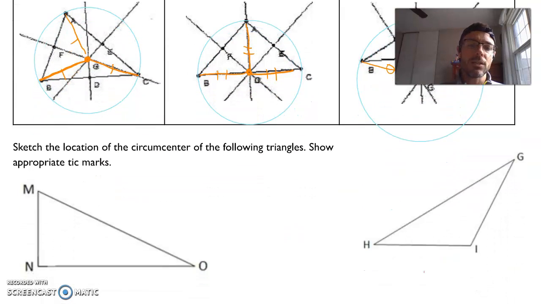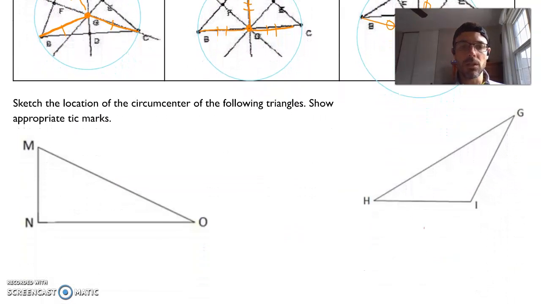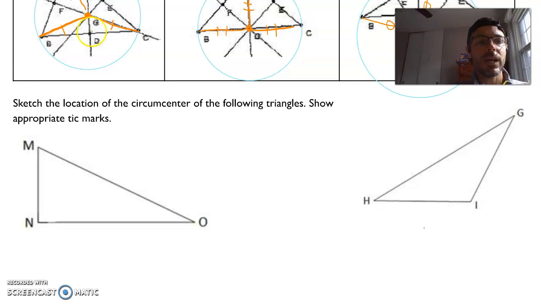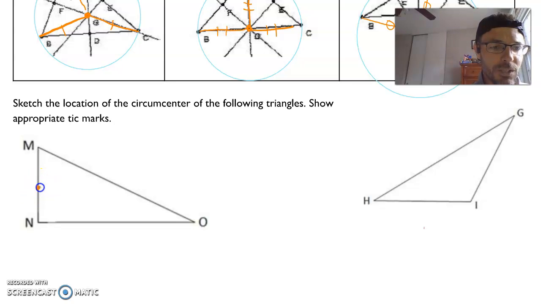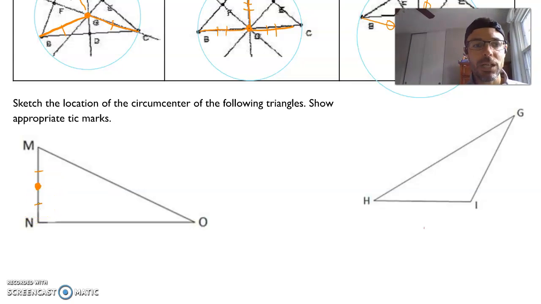Now, what I want you to do is see if you can sketch what this is going to look like, and I'll do one with you. If I have this triangle, and we'll call it a right triangle, and I wanted to sketch where the circumcenter was, with the appropriate tick marks, what I want to do is first rough sketch, if I don't have something like a compass and a straight edge, a midpoint on segment MO, mark it, and rough sketch the midpoint of the other side, about here, and mark it.